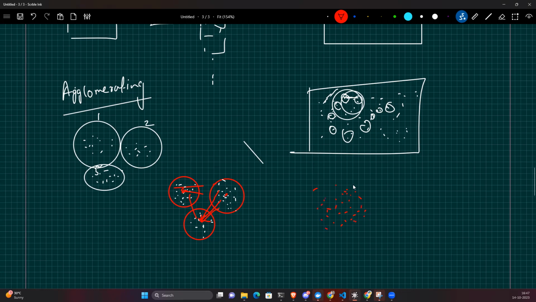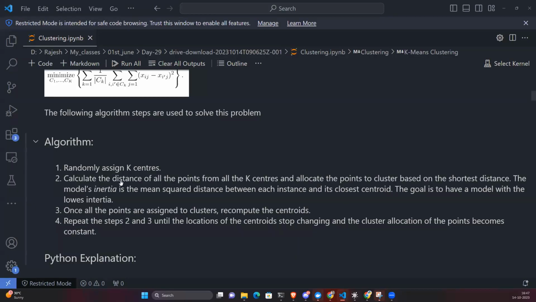Just try to understand, we are going to randomly assign k clusters. In this case, I'm going to assign 3 clusters.